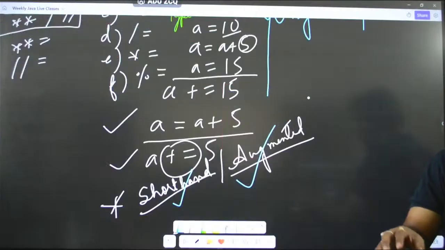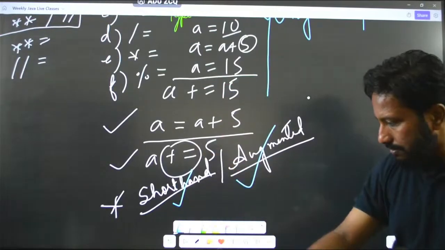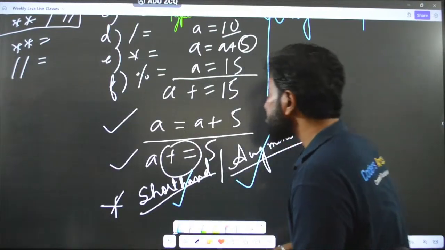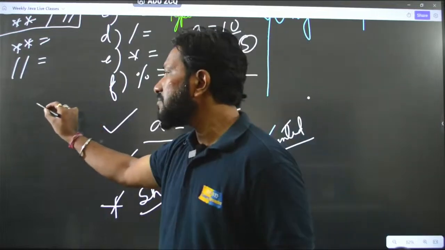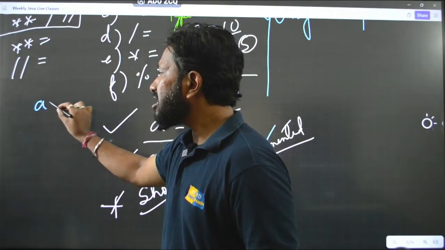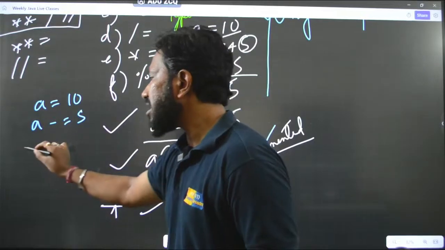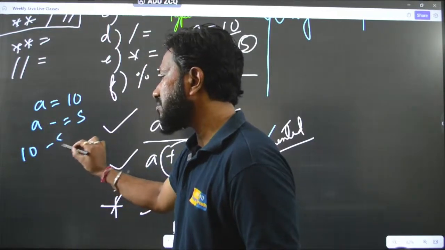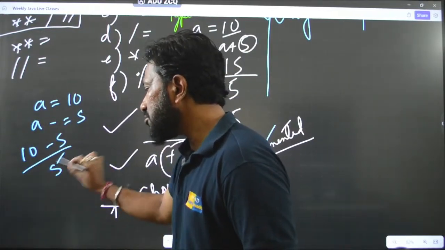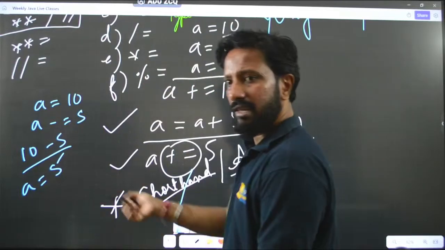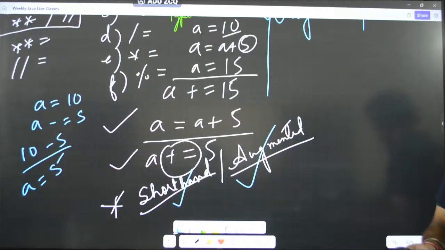Okay, if you talk about the other ones, if I take a is equal to 10, if I say a minus equal to 5, that means 10 minus 5, which is 5, which will be stored inside a. Let's see if this is working the same way or not.